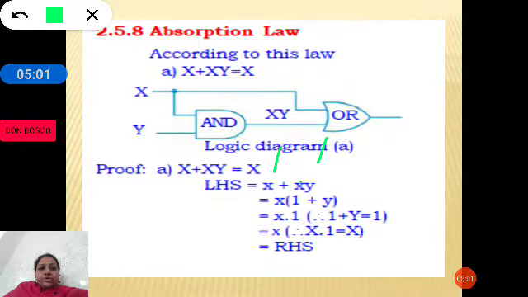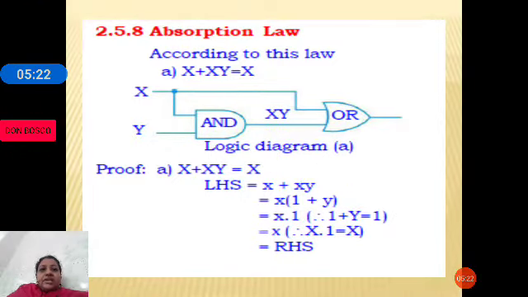When x goes out, y remains. 1 plus y is equal to 1. There is a Boolean theorem, 1 plus x is equal to 1. Similarly, 1 plus y is equal to 1. So x ANDed with 1 is equal to x. Therefore, LHS is equal to RHS. The absorption law has been proved with the perfect induction method.